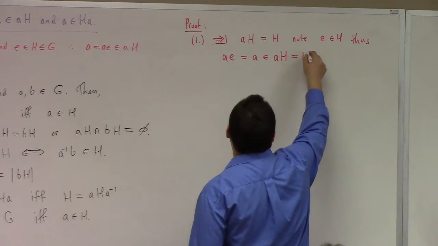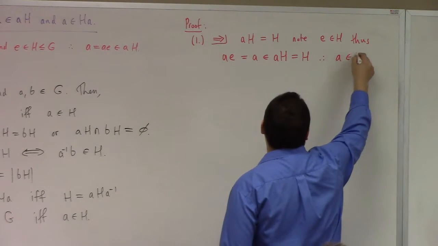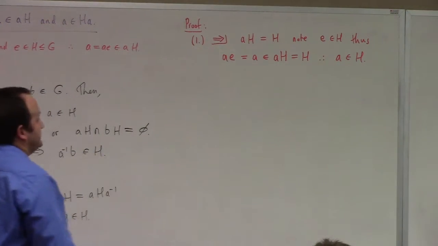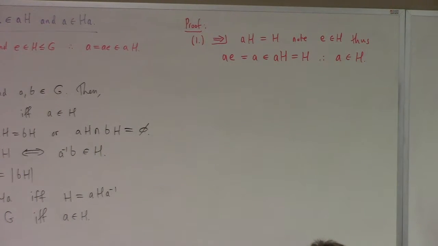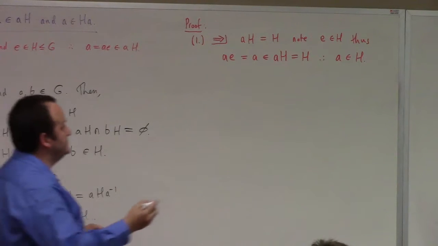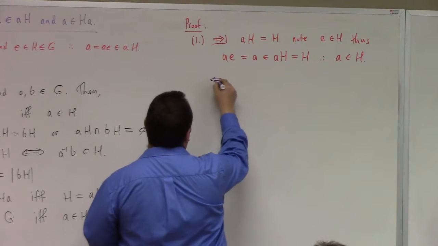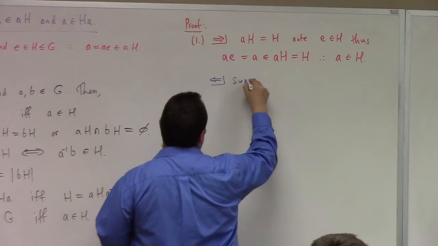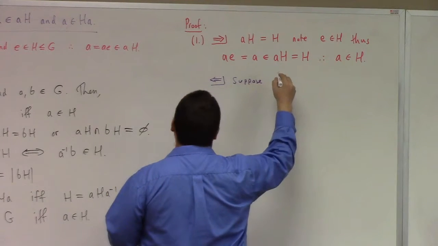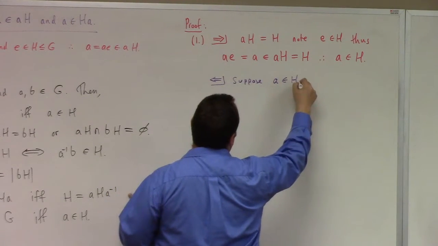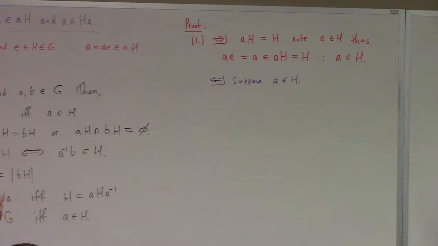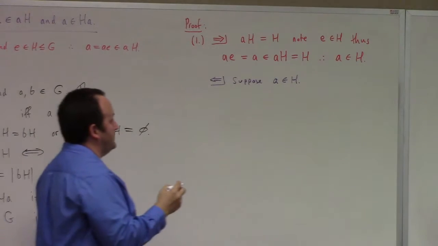But that's equal to H, so therefore a is an element of H. What about the converse direction for that one? Suppose a is an element of H. I want to prove that aH is equal to H, right?